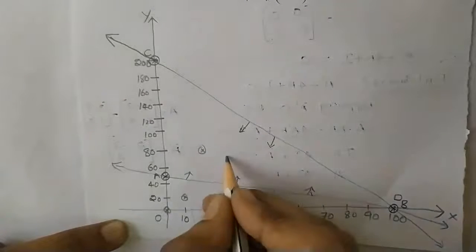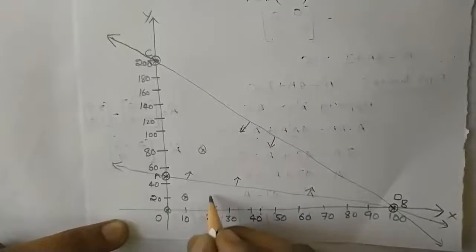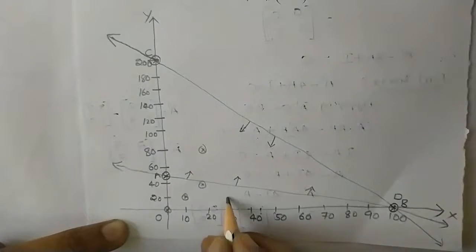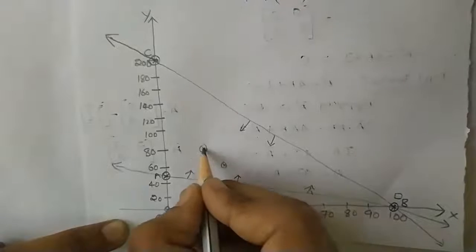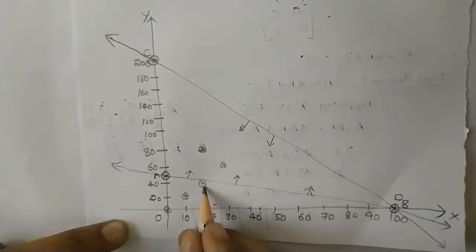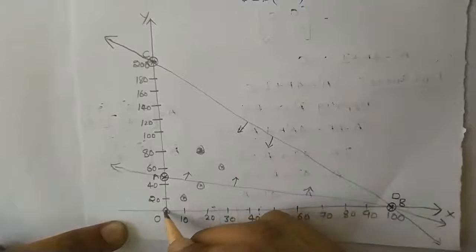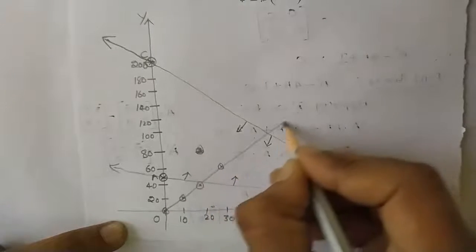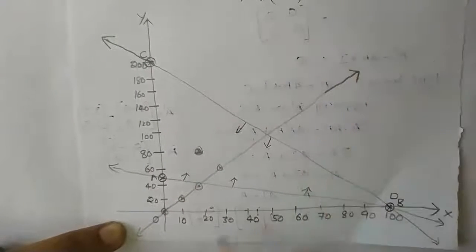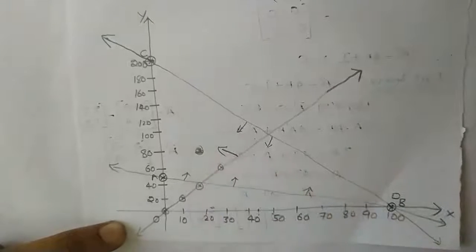If x equals 30, then y equals 60, like this. Now join these points. The graph will be like this. It is true. If it is true, we need to shade upwards.